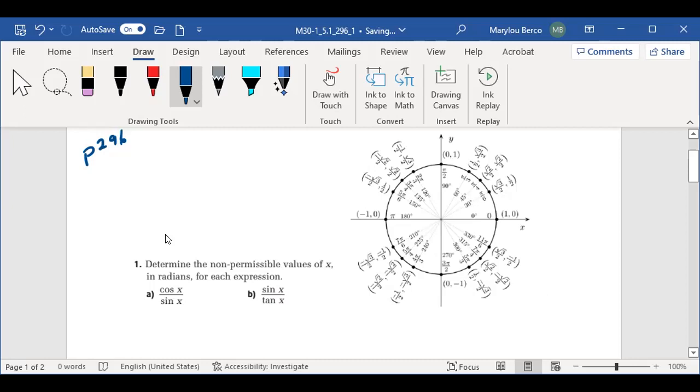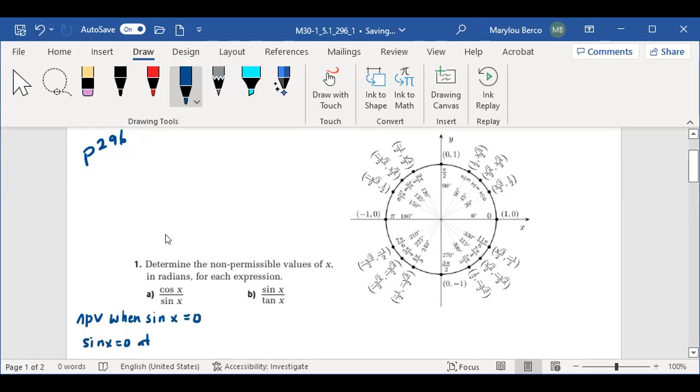So a equals cosine x over sine x. So for cosine x over sine x, the non-permissible value occurs when sine x is equal to 0. So sine x equals 0 at 0.